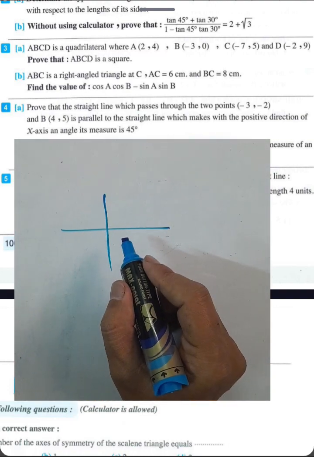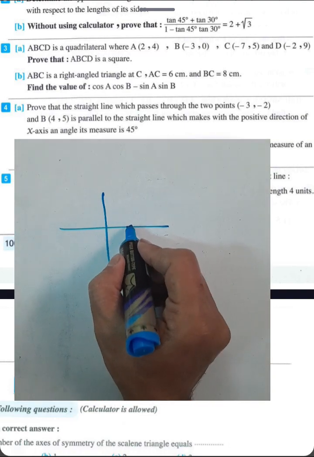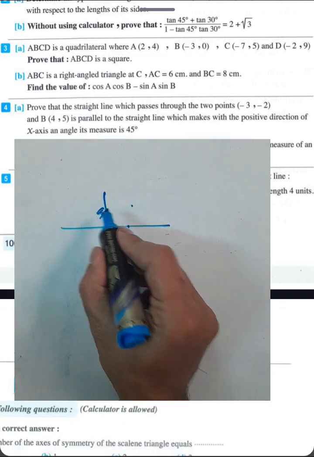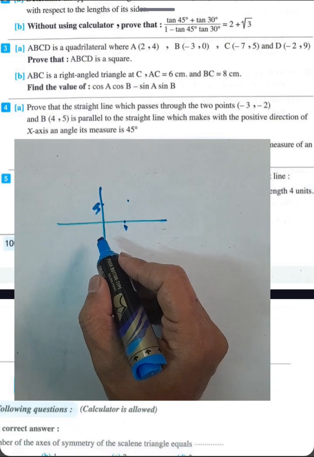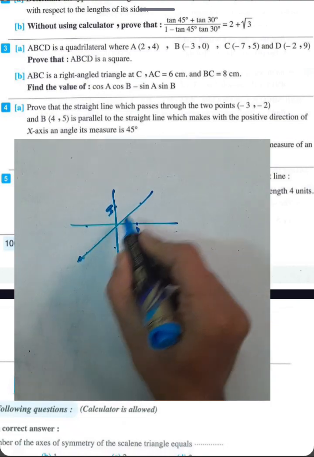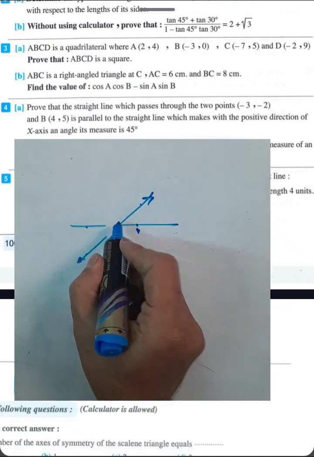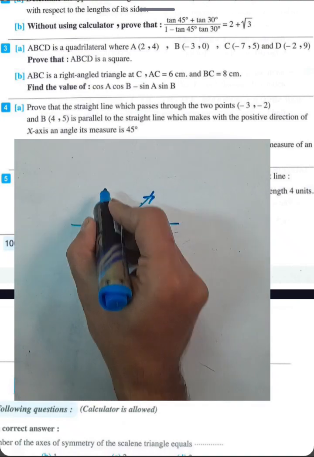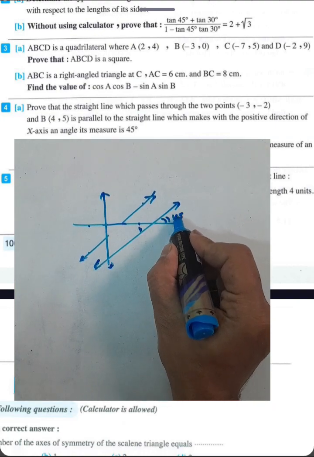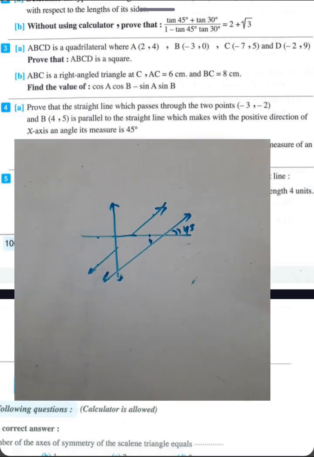The first was 4 and 5, and the second point -3 and -2, such as this. We want to prove that this straight line is parallel to another that makes an angle of 45 degrees. We can find slope 1 and slope 2.